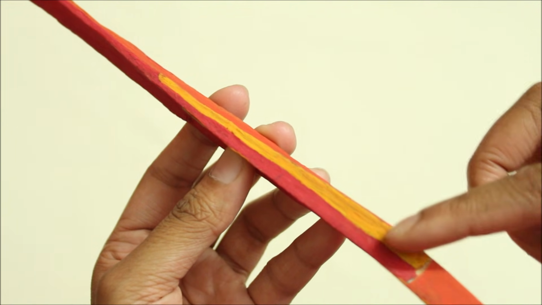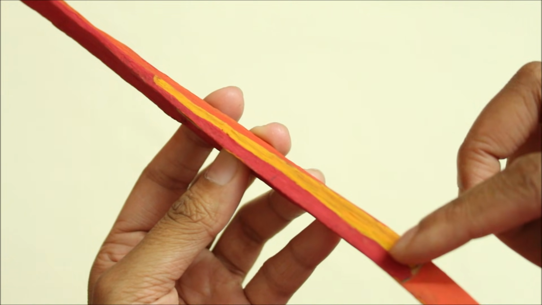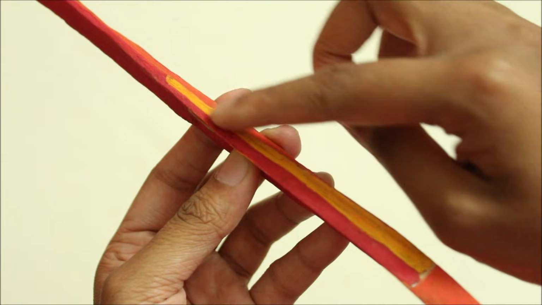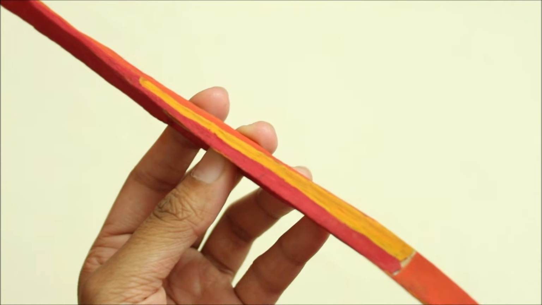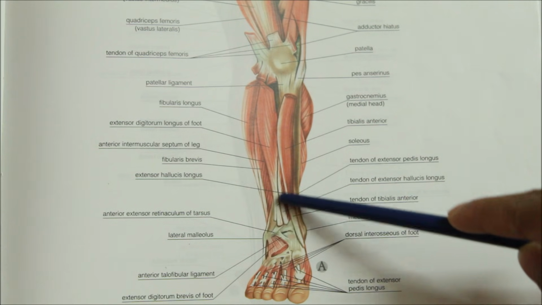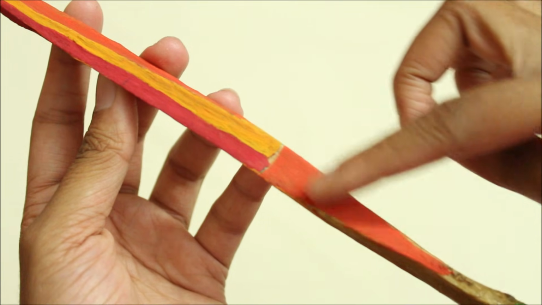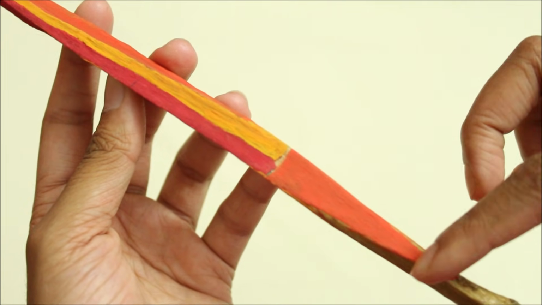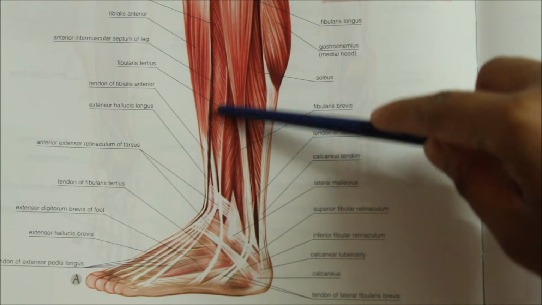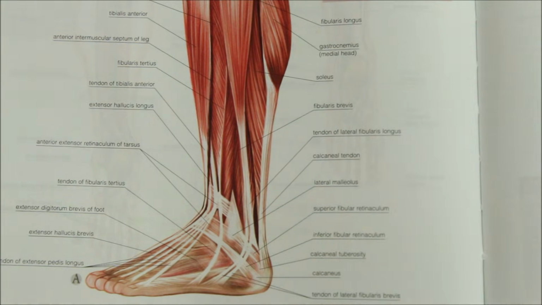The origin of the extensor hallucis longus takes place in the posterior half of the middle 2/4 of the medial surface of the fibula, that is represented in yellow color right here. This is the extensor hallucis longus. The peroneus tertius originates from the lower 1/4 of the medial surface of the fibula. This muscle is the peroneus tertius, also called the fibularis tertius.